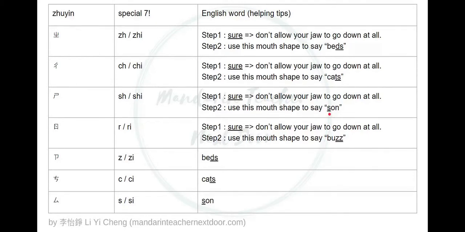So slightly different from S is Z. You may feel a little bit of vibration between your teeth. So now find the sure, and say it. You do not feel as much vibration as when you say buzz, because of your mouth shape.